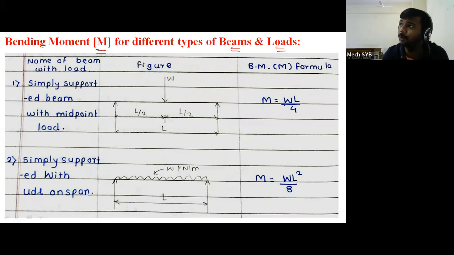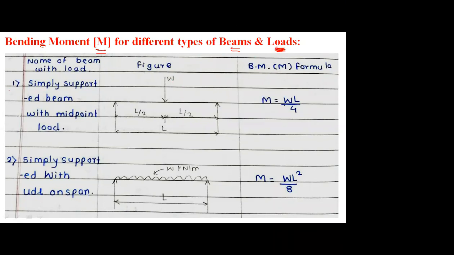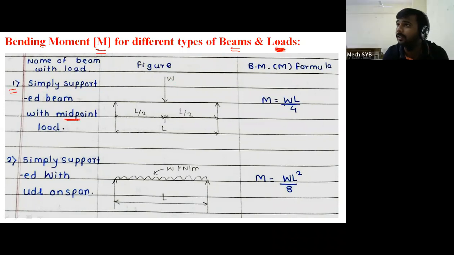And which are the two types of load? Point load and UDL. So write down first. What is the first condition? Simply supported beam with mid point load. मग त्याची फिगर बघायची, दाखवलेला आहे, आणि त्याच्यासाठी फॉर्म्युला काय आहे? कॅपिटल M is equal to W into L divided by 4.